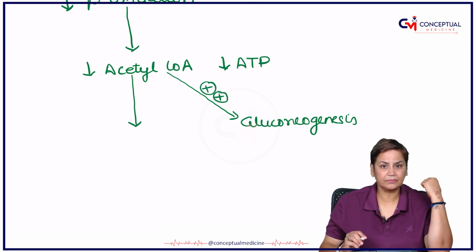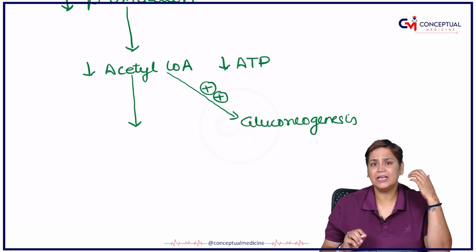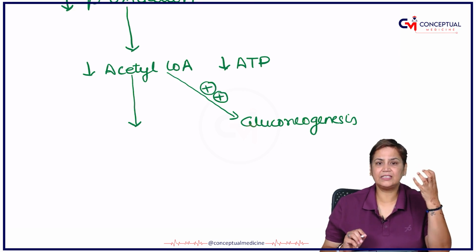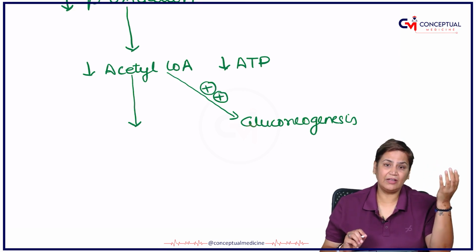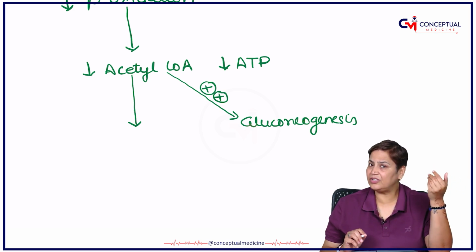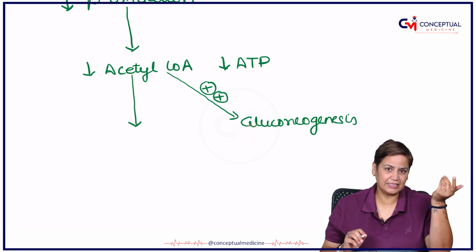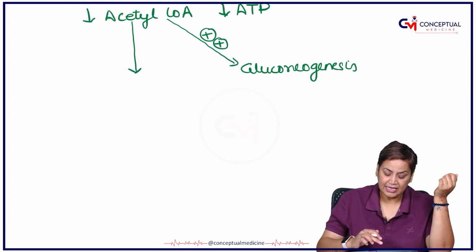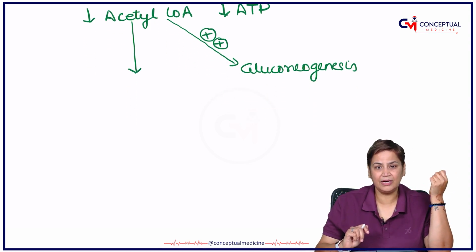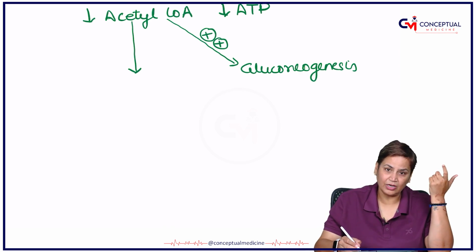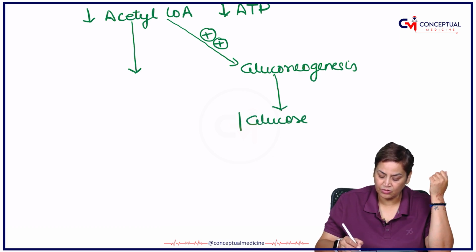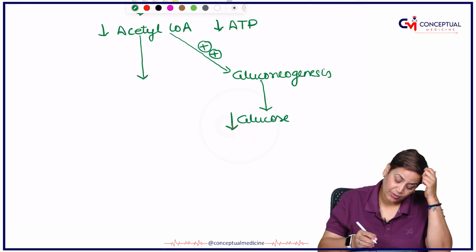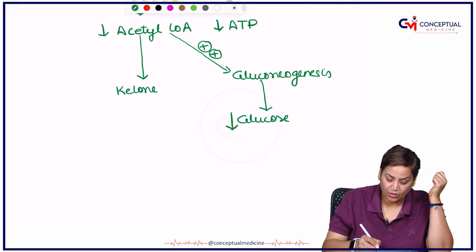The first step in gluconeogenesis is the conversion of pyruvic acid to oxaloacetic acid. In a normal individual, whenever there is fasting, there is increased beta oxidation, which releases acetyl coenzyme A, which modulates gluconeogenesis. When the concentration of acetyl coenzyme A decreases, gluconeogenesis will not take place. If gluconeogenesis does not take place, there will be decreased glucose. On the other hand, without acetyl coenzyme A, ketone bodies will not be produced.